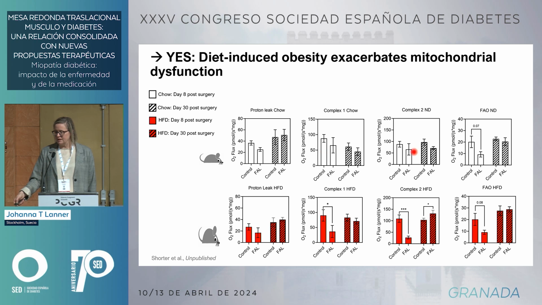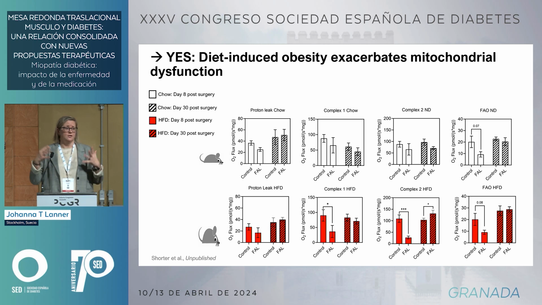There's a decline in the FAL, but not severe. But if you look especially here at complex 1 and complex 2, parts of the mitochondria, after the 8 days, you have a decline in mitochondrial function.